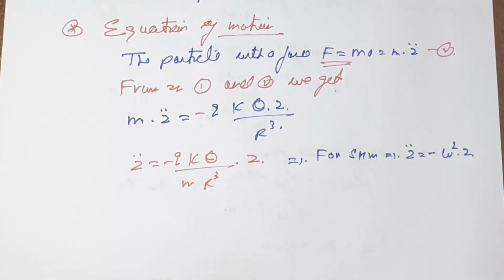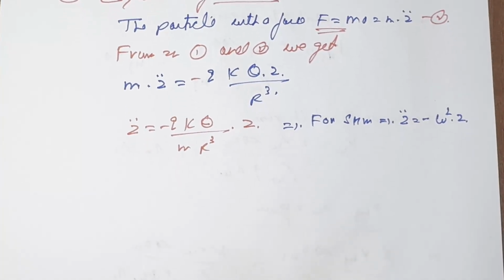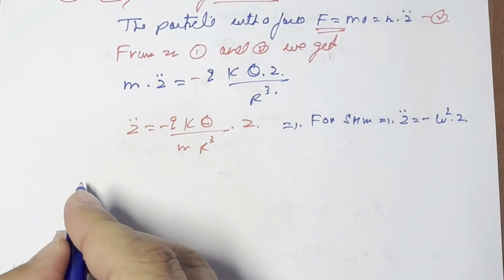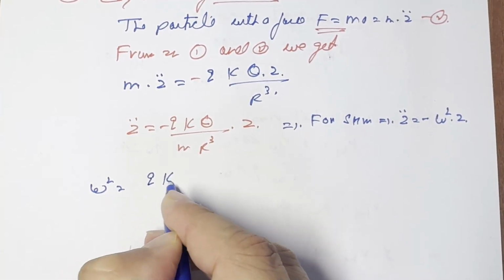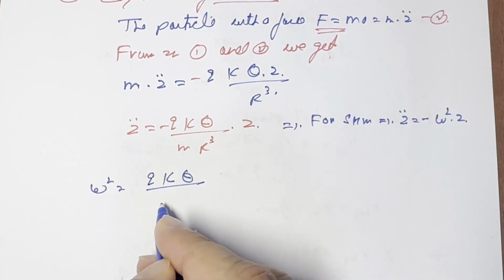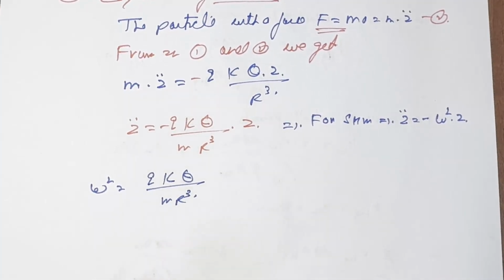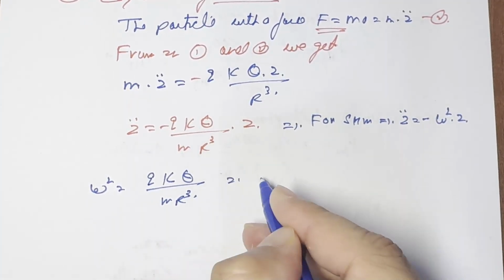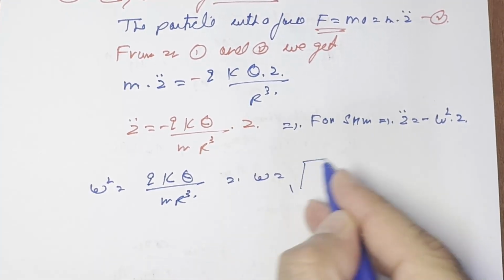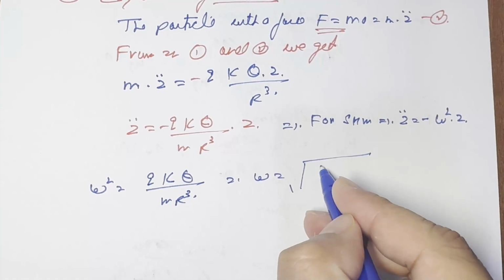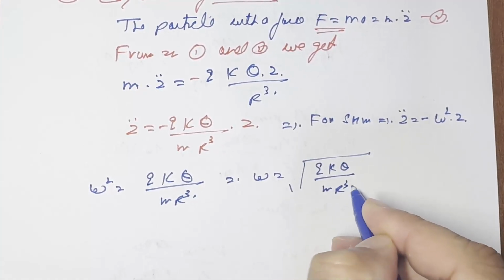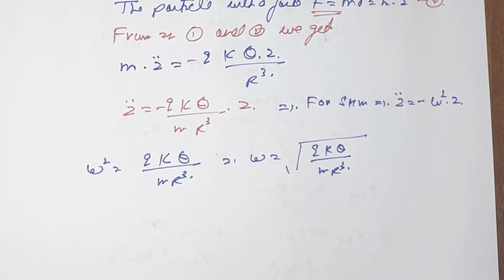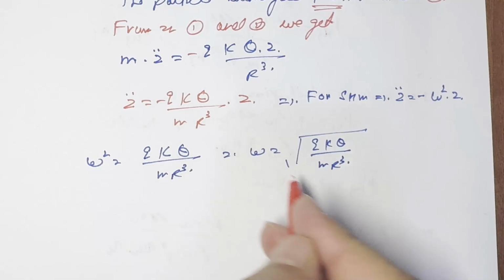Making a one-to-one comparison, omega square is equal to q k Q upon m R^3. From here omega is the square root of q k Q upon m R^3, and we are supposed to find the time period of oscillation.